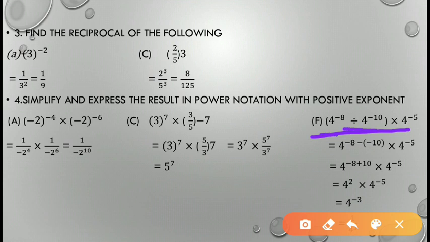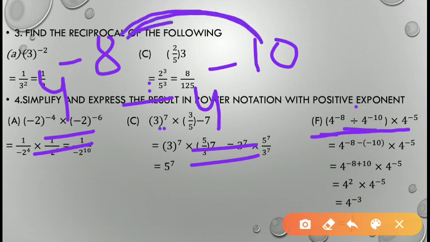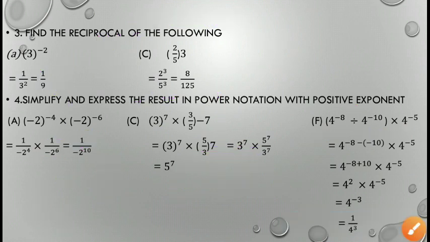If the bases are the same and the sign is divide, the powers will be subtracted. Here bases are the same, 4 and 4, and the sign is divide, so the powers will be subtracted, means 4 to the power minus 8 minus, and minus 10 will be as it is. How will you solve this?